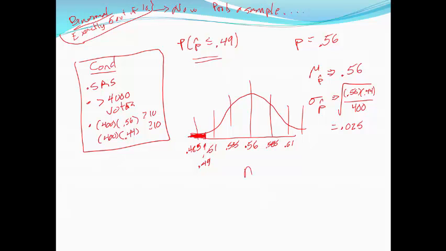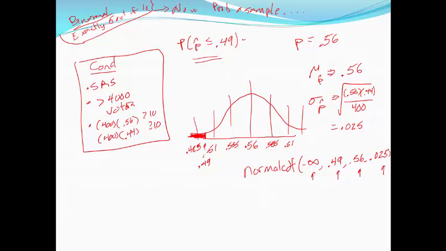For us, we'd like to jot down the normal CDF. You don't have to do this, but if you'd like to, I think it's not a bad practice just to kind of show that we know what goes where. So we've got lower bound, upper bound, mean, and standard deviation of this situation.